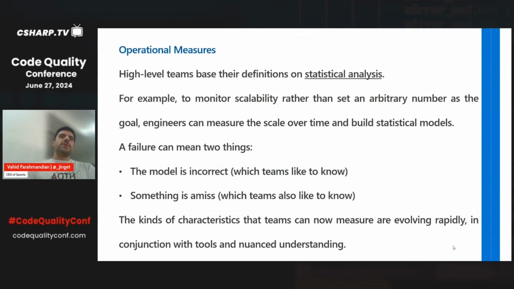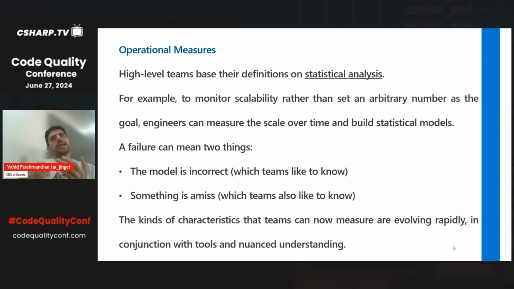As you see, while we're working with operational measures, we are working with statistical analysis, and we're trying to build our statistical models. In the first stages of creating the statistical models, our model might fail or it might not fit very well into our data.